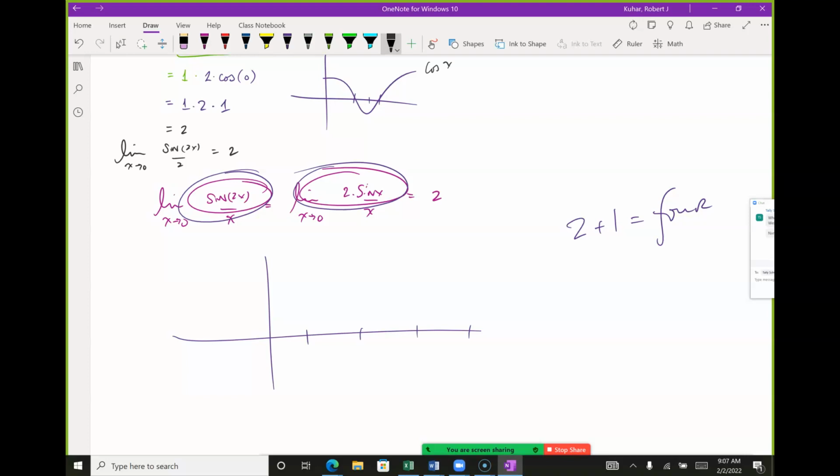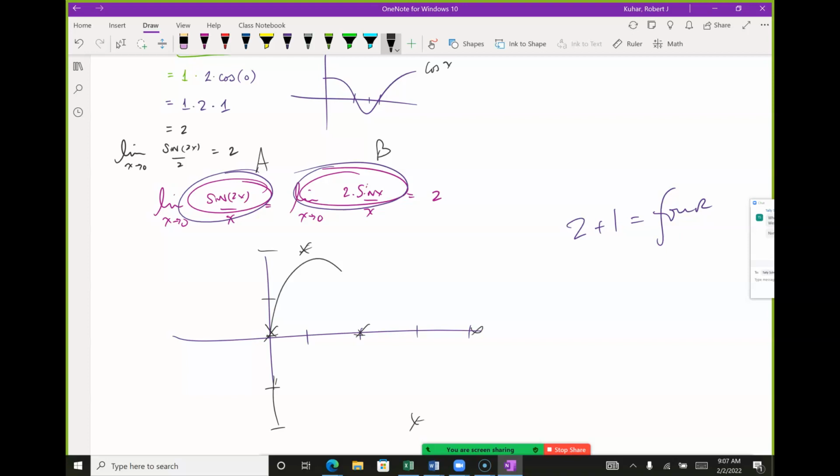What do the graphs of those two functions look like? Function A and function B. Function B is called amplitude modulation. 2 times the sine makes the radius of the sine function 2, not 1.